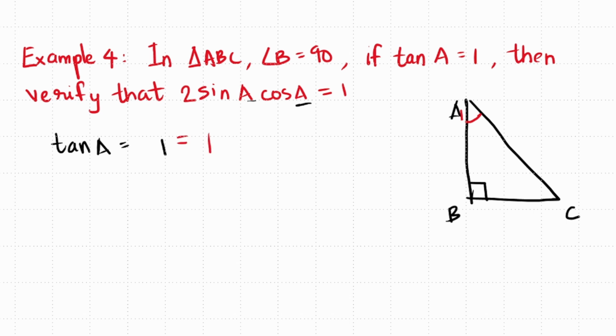So it's opposite by adjacent, BC by AB. Since it's a ratio, we will have to take K. Since it's equal to 1, it is nothing but AB equal to BC. But since it's a ratio, we have to take a constant, that is K. So AB equals BC equals K.